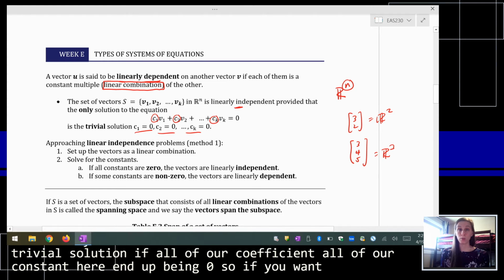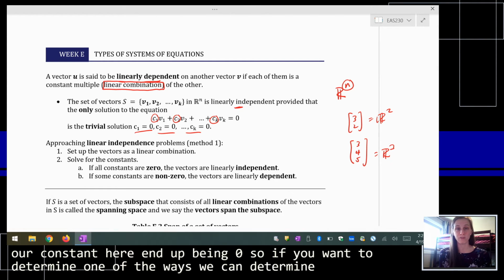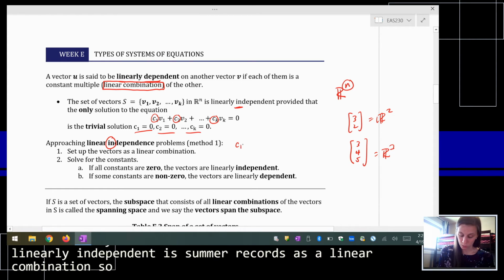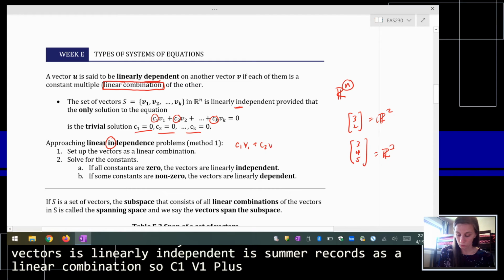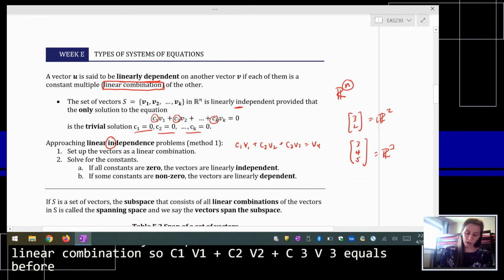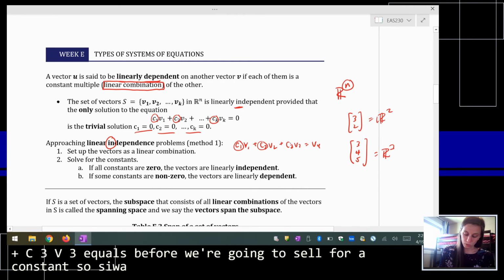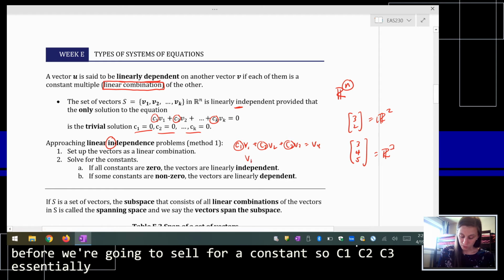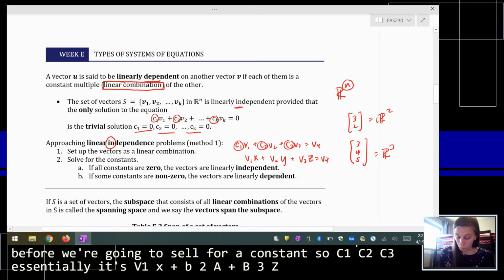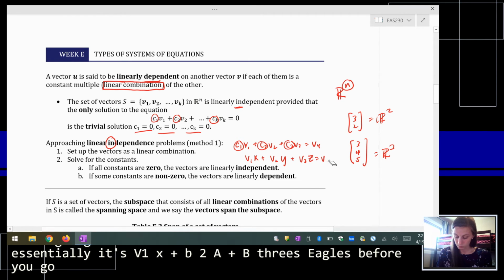So one of the ways we can determine if a set of vectors is linearly independent is to set our vectors up as a linear combination. So C1 V1 plus C2 V2 plus C3 V3 equals V4. And we're going to solve for our constants, C1, C2, C3. Essentially, it's V1x plus V2y plus V3z equals V4, or equals our b vector.